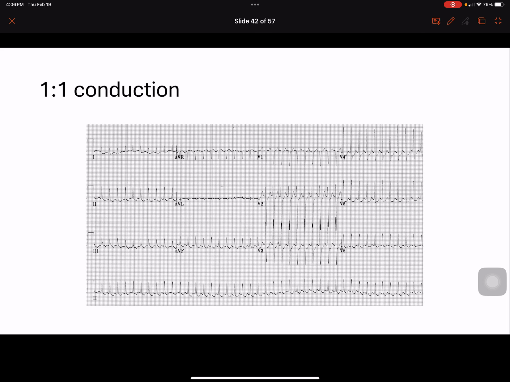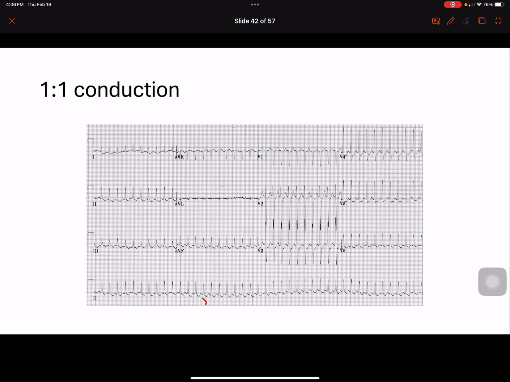Here's what that 1-to-1 conduction A flutter looks like. We can see the reverse sawtooth pattern here to each QRS complex, and it's really tough to tell the difference between this and AVNRT. If you gave this patient adenosine, would they die?